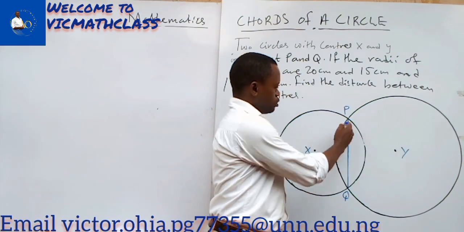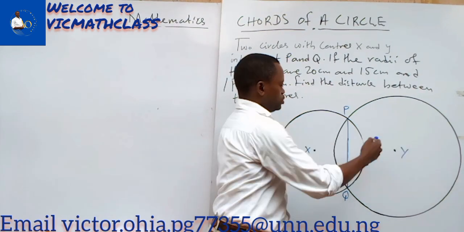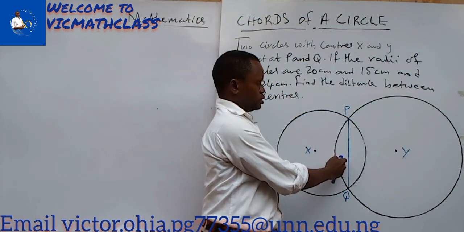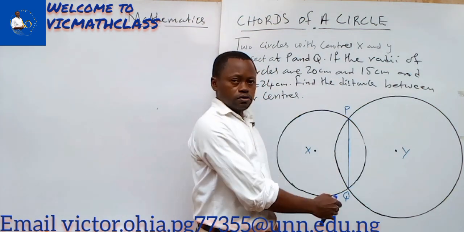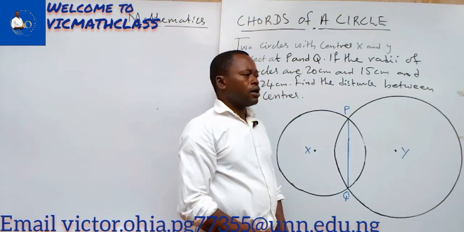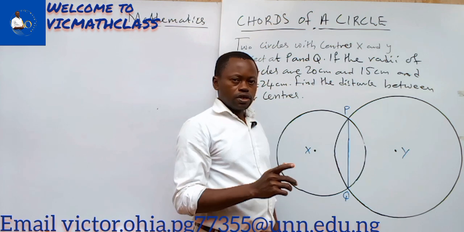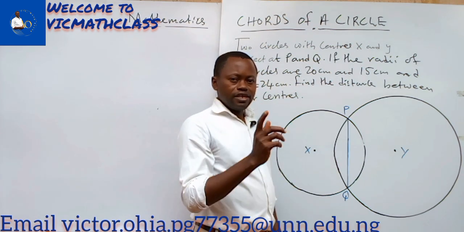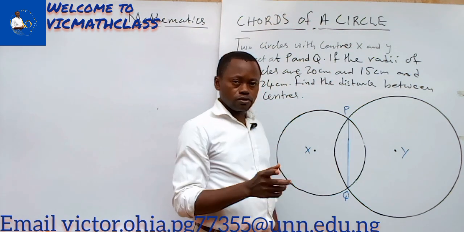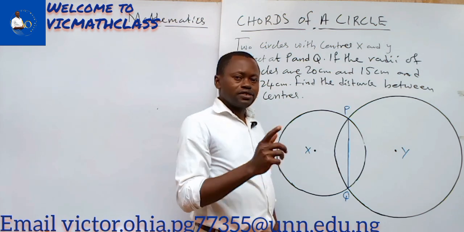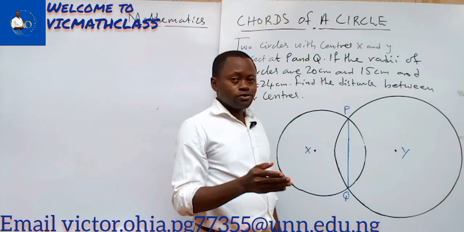Now, this chord also cuts a portion of this big circle here. Look at it here. So that's why this is a chord. Now, there is a chord theorem that says any line drawn from the center of the circle perpendicular to a chord bisects that chord and is at right angle to it.